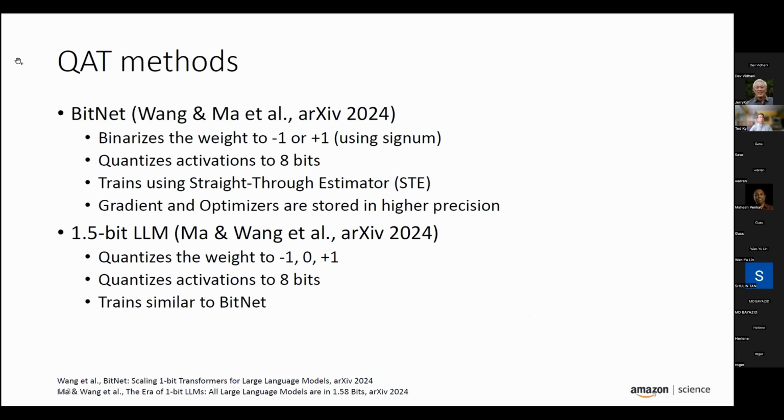They also mention BitNet, which uses just +1 or -1, just two possible values. And then there was this paper recently, this 1.5-bit LLM, where they use -1, 0, and +1, which is kind of crazy. It's an interesting paper.